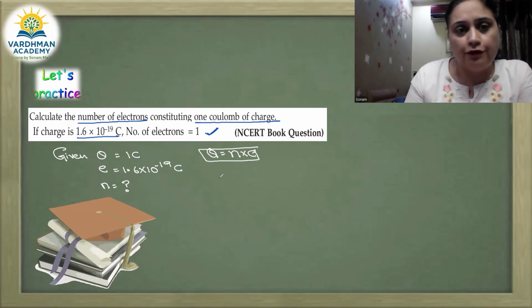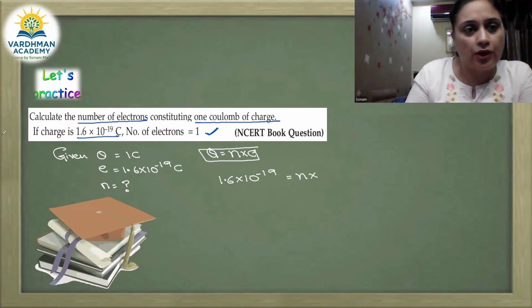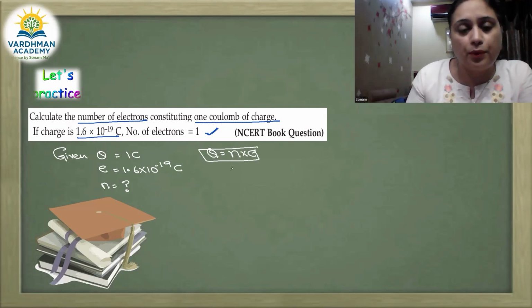So we are provided with 1 coulomb of charge, and E is 1.6 into 10 raised to the power minus 19.